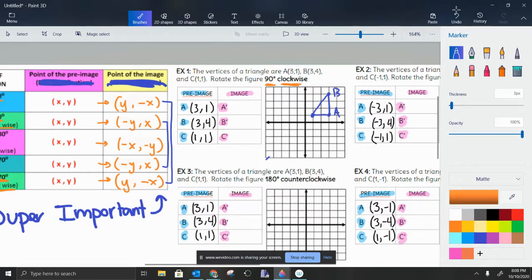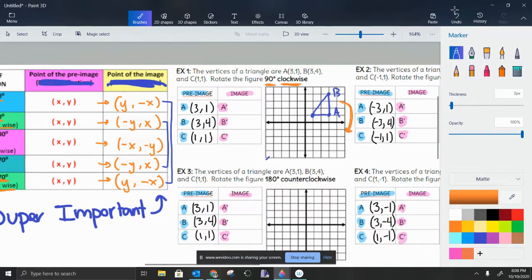Now, one thing I forgot to explain to you is that when we rotate a shape 90 degrees, we're going to be rotating it to one whole new quadrant, because each quadrant is created by a 90-degree angle. So if I'm rotating 90 degrees, I'm moving one quadrant either to the right or to the left, depending on the direction. And since I'm going clockwise, I'm going to be moving to the right in the direction a clock moves.